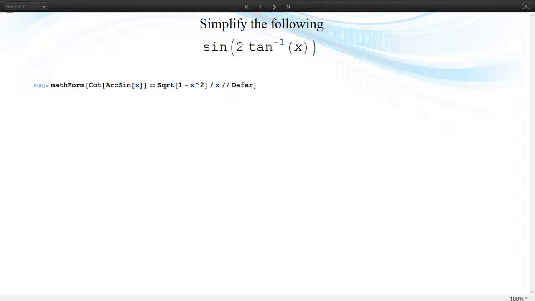So one thing that we do know is that sine of 2 tangent inverse of x is, well, our double angle formula says that this should be equal to 2 sine of arctangent of x times cosine of arctangent of x.